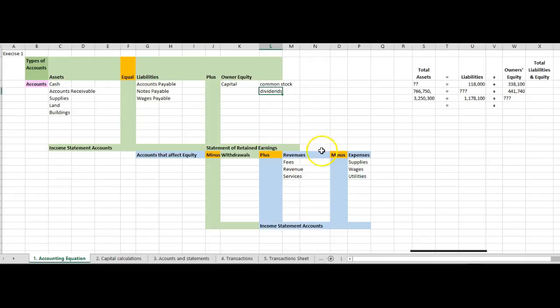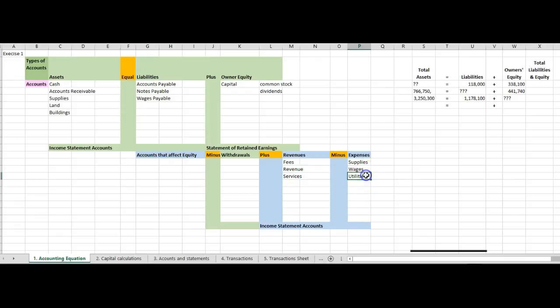In addition, we have revenues and expenses, which also affect owner's equity. Revenues are fees, services, anything that brings in cash related to our business, whether it's a product or a service.